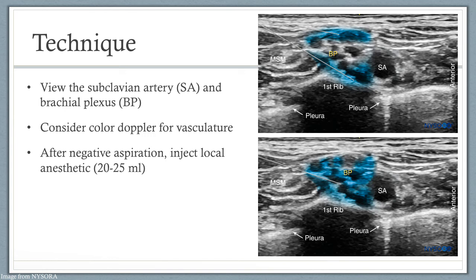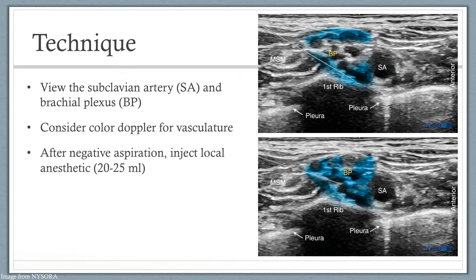After negative aspiration, inject local anesthetic. When the injection displaces the brachial plexus away, the needle can be advanced closer to the plexus. If there is no spread around the brachial plexus, the needle may need to be repositioned.